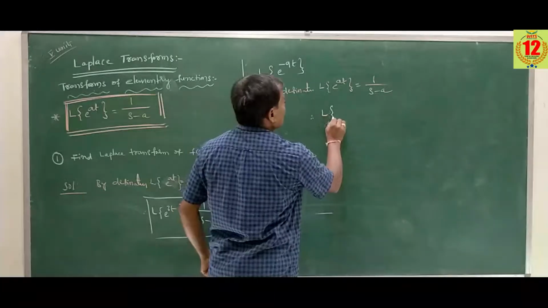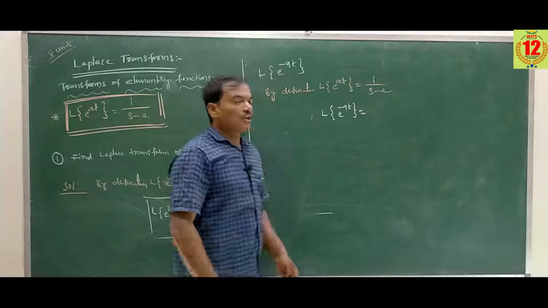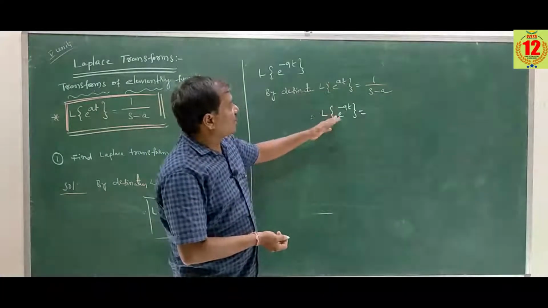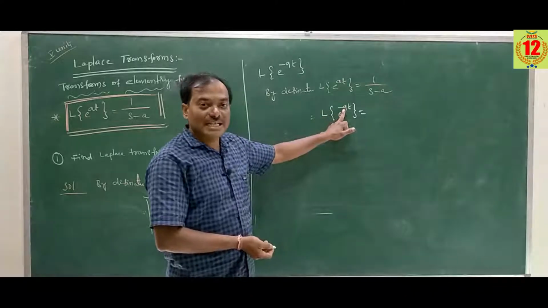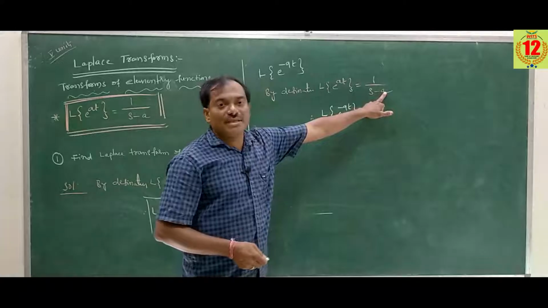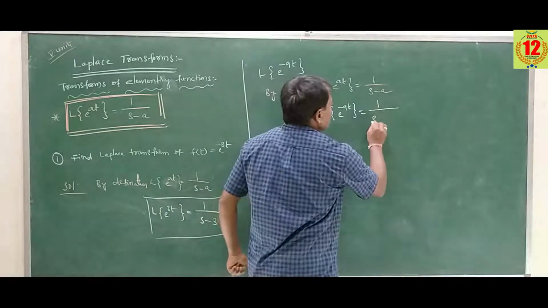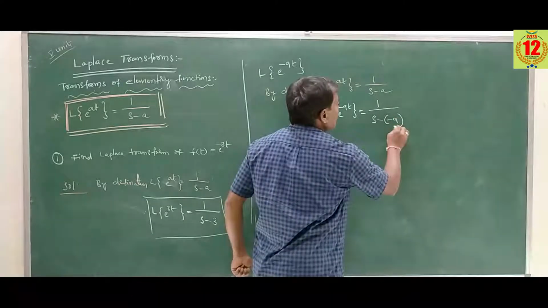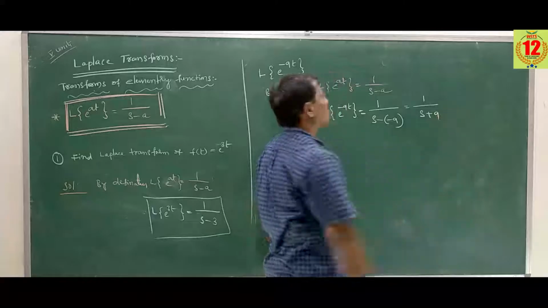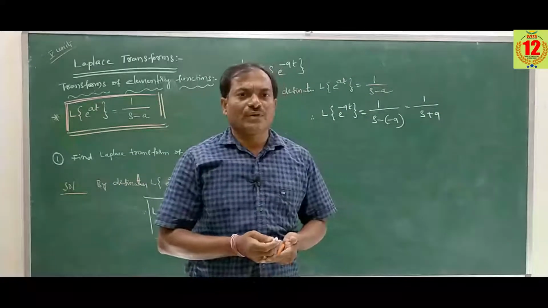Therefore, Laplace transform of e power minus 9t. Now compare the functions. Here a equal to minus 9. In the right hand side, this a is replaced by minus 9: 1 by s minus of minus 9. This is equal to 1 by s plus 9. This is the Laplace transform of e power minus 9t.